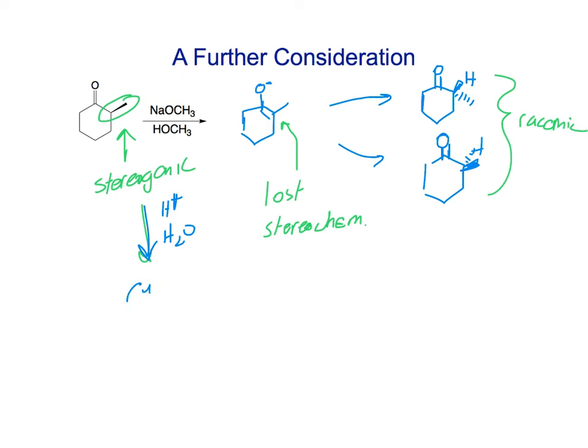Okay, so this could also cause this to become racemic, and it would happen, let's just say via the enol rather than the enolate. Okay, so it's just something you have to keep in mind if you were doing this kind of chemistry.